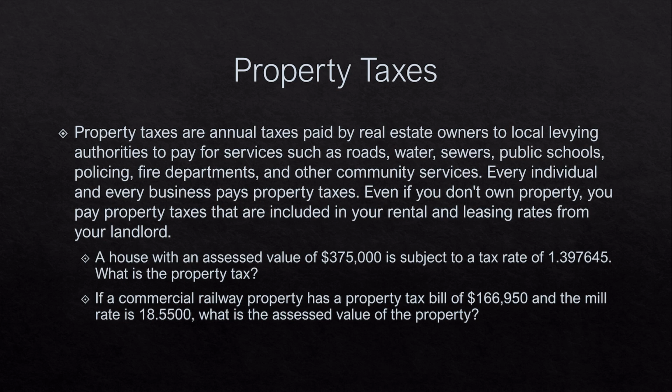So we can simply multiply the value with this rate and divide by 100. So you can see here, 375,000 multiplied by 1.39765, and then what you get, you have to divide by 100.